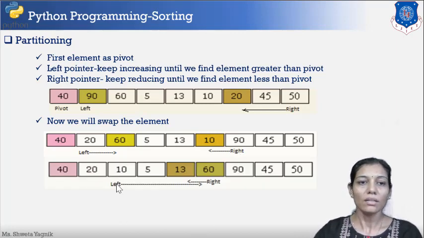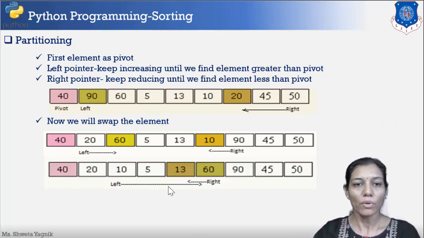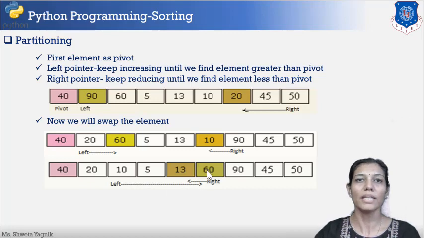Again we increment the left pointer till we find an element which is greater than 40, and continue decrementing the right pointer till we find an element which is lesser than 40. Now left is pointing to 60 and right is pointing to 13, after decrementing the right and incrementing the left.